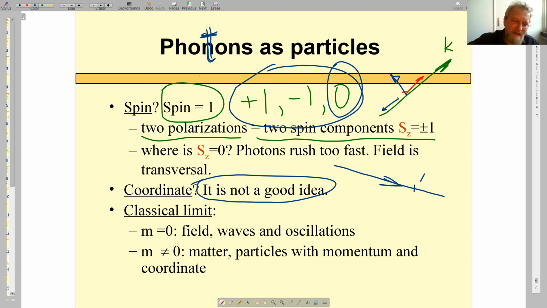Some of them have zero rest mass, and those in the classical limit correspond to classical fields, like the electromagnetic field. If the rest mass is not zero, well, it's matter: particles with momentum and coordinate, electrons, protons, neutrons, whatever. Fine. I guess it's time for a break.